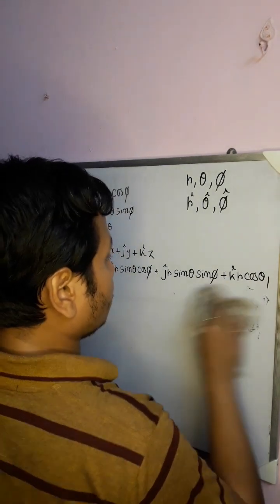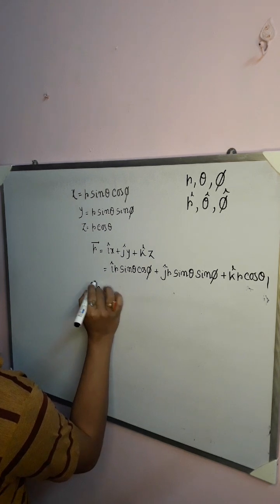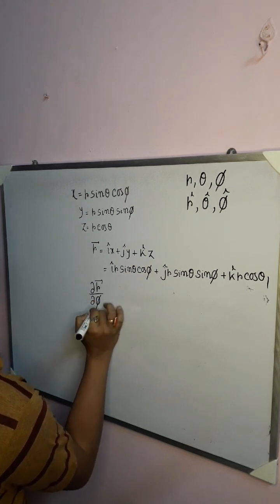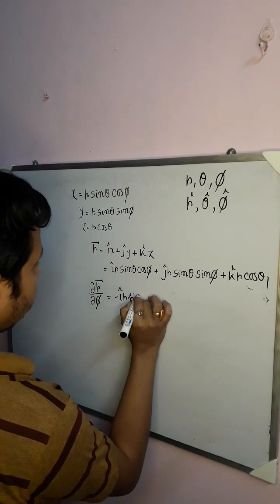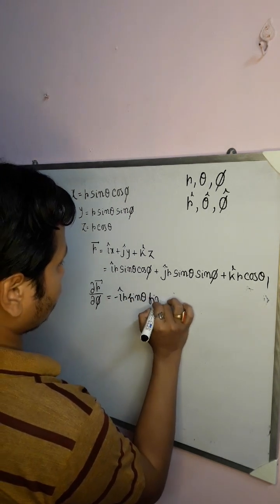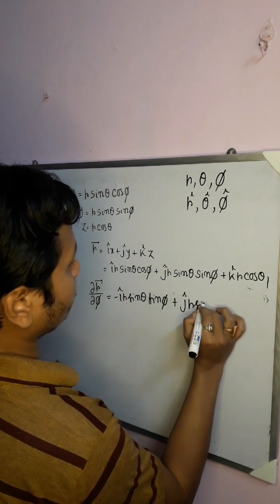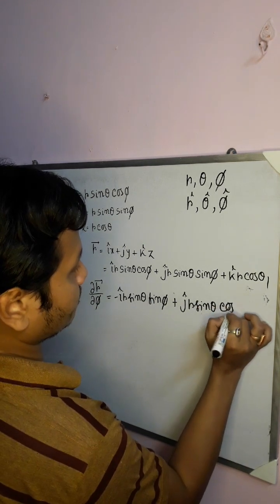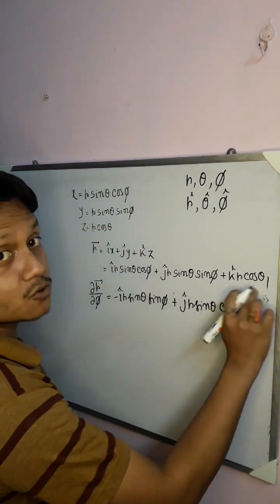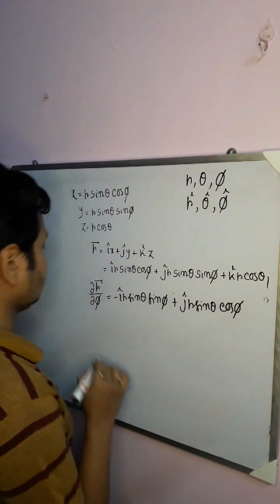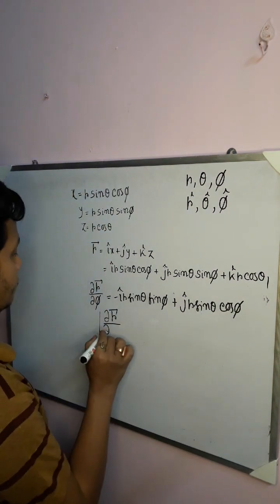Okay, now what is the value of phi cap? So we have to find del r by del phi, which is minus i cap r sin theta sin phi plus j cap r sin theta cos phi. Here there is no phi term in the k component, so this is 0. So what will be the value of mod del r by del phi?